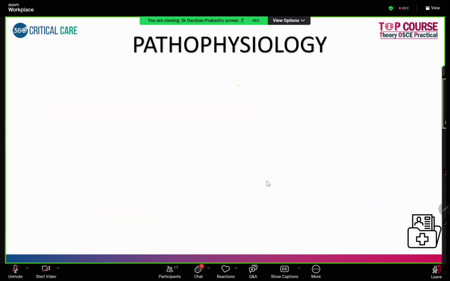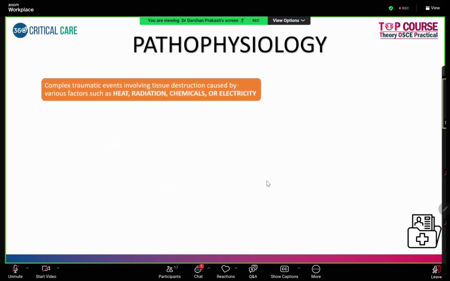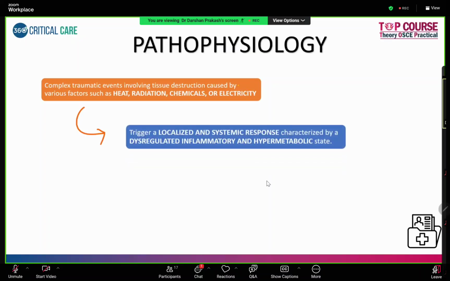Coming to the pathophysiology of burns, usually it's a complex traumatic event which is causing a tissue destruction, which can either be due to heat, radiation, chemicals, or electricity. When this event happens, it triggers a localized systemic and local reaction, which causes a dysregulated inflammatory and hypermetabolic state at that particular place.